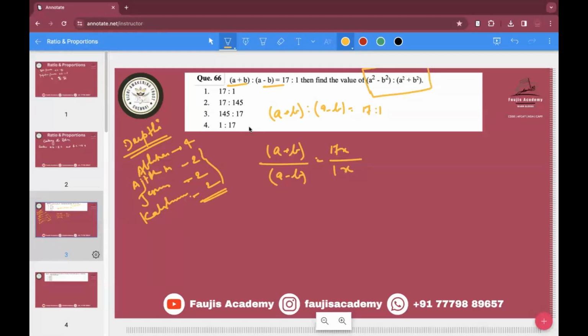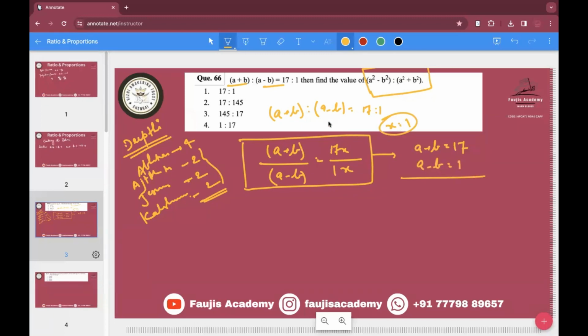Any doubt, anyone? No, sir. So for the ease of calculation, should we assume A plus B is equal to 17, because it's in proportion? Let's say x is equal to 1, and A minus B is equal to 1. Can we assume like that? I mean, this one is equal to this one, and this one is equal to this one.